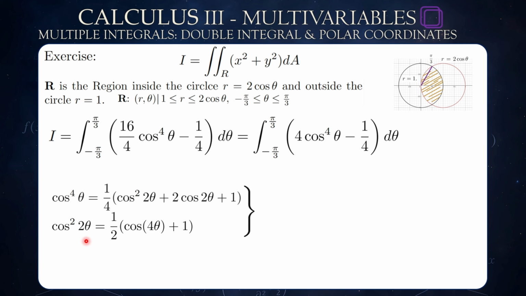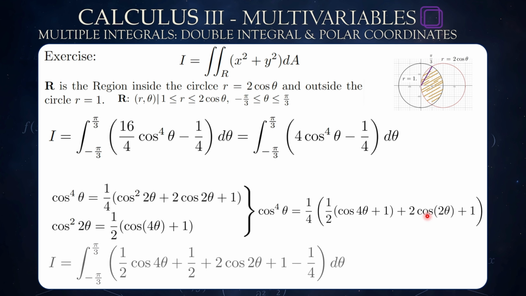Cosine square 2 theta is equal to 1/2 (cosine 4 theta plus 1). You place it back in the first equation: cosine 4 theta is equal to 1/4 times (1/2 cosine 4 theta plus 1/2, plus 2 cosine 2 theta plus 1). We simply placed it back in this equation.